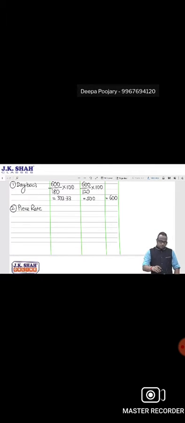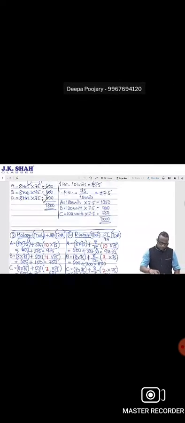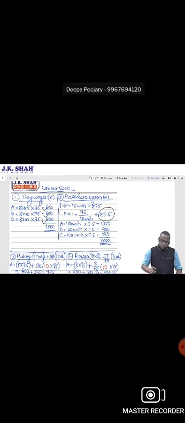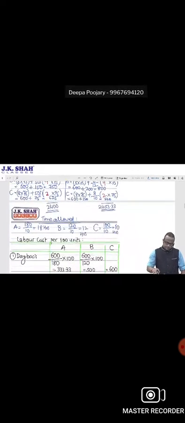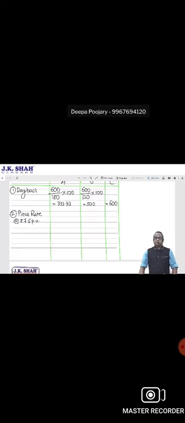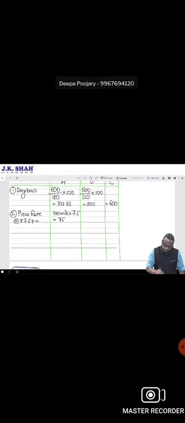My second method was piece rate, where we calculated piece rate to be 7.5 per unit. If the piece rate is 7.5 per unit, 100 units cost is always 100 units into 7.5 irrespective of your name.